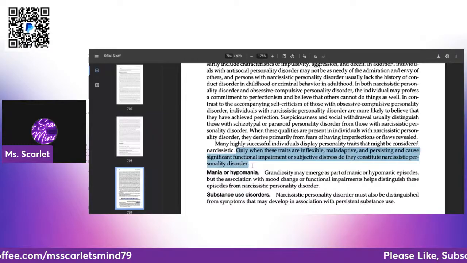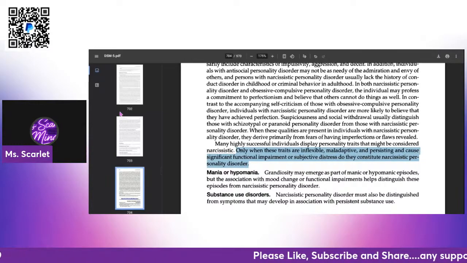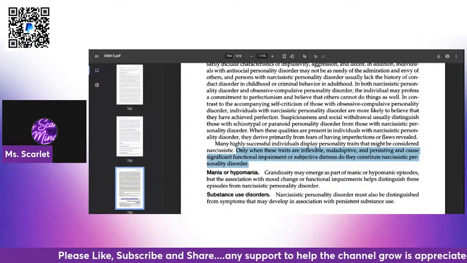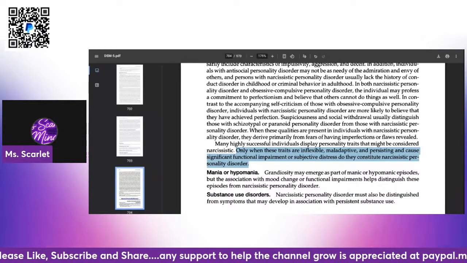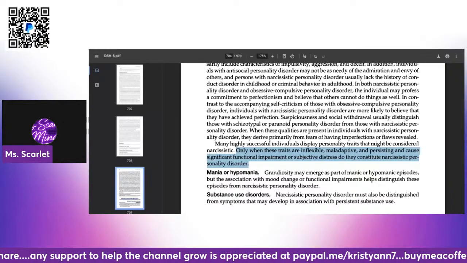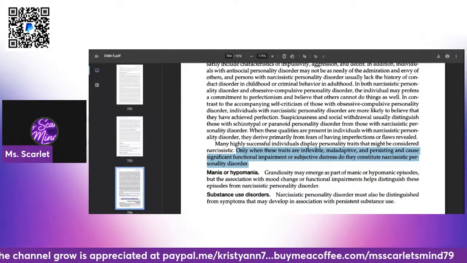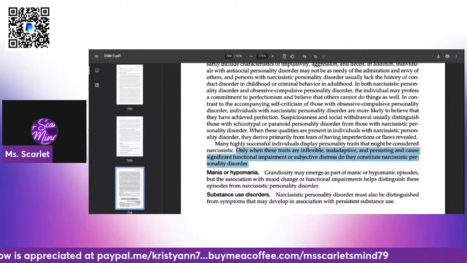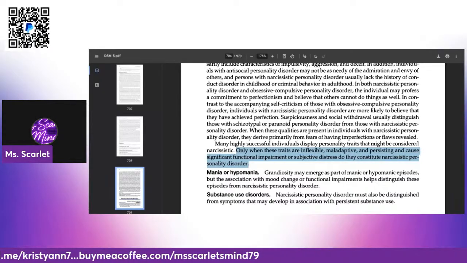This is the biggest statement I can say right now when talking about someone who displays narcissistic tendencies or characteristics versus someone who would meet the criteria to be diagnosed with narcissistic personality disorder. So let me read that again. Only when these traits are inflexible, maladaptive, and persisting and cause significant functional impairment or subjective distress do they constitute narcissistic personality disorder.